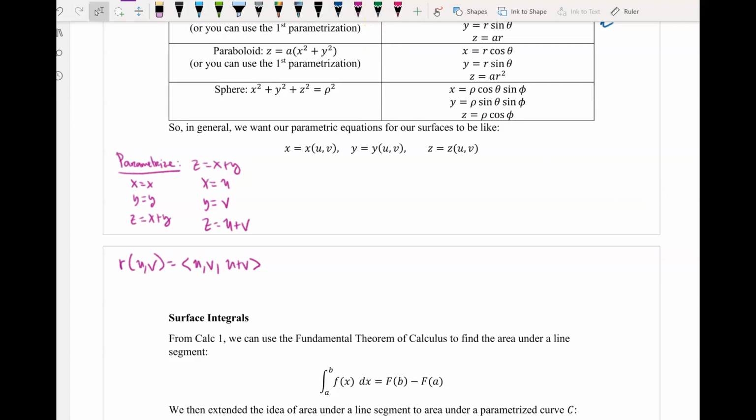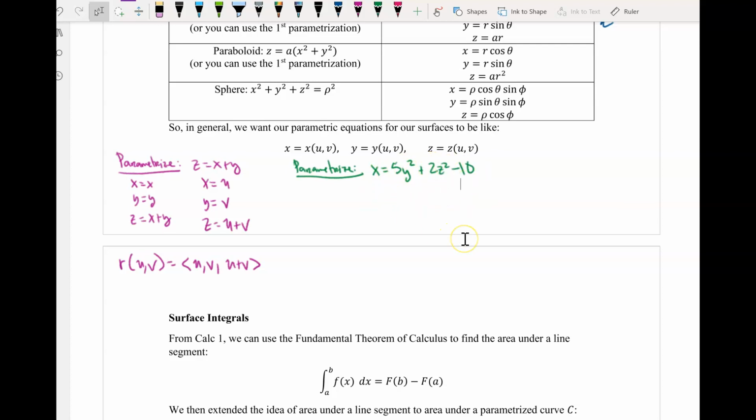Now let's say we wanted to do something else. Let's say we want to parametrize x equals 5y squared plus 2z squared minus 10. Now notice here we have x equal to a function of y and z.